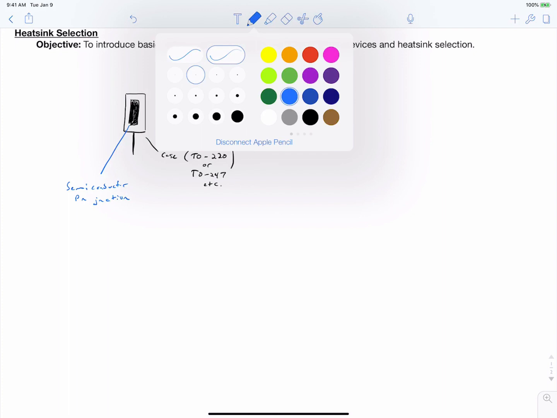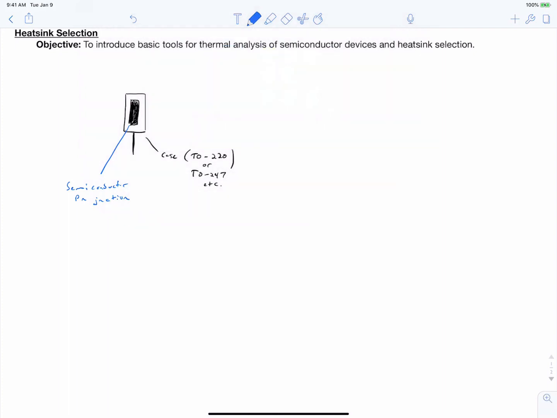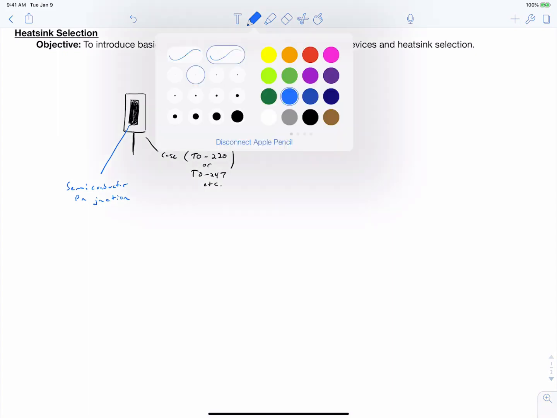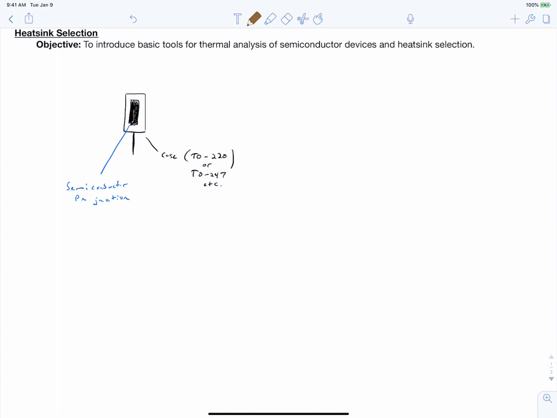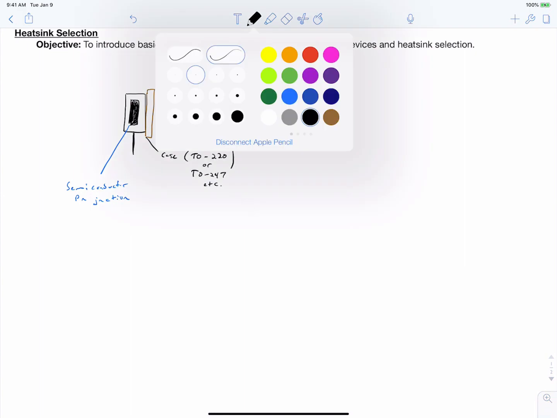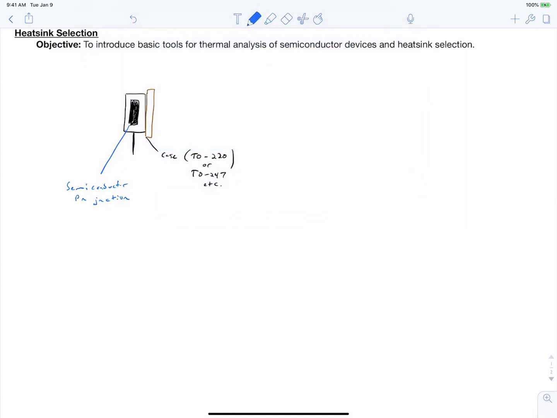And oftentimes, our case is metallic, and it's connected to the drain of our MOSFET. So we typically need to isolate the case. So what we may do is place some kind of isolation pad here. For safety purposes, we oftentimes will not want to have our heatsink exposed to the voltage of our drain.